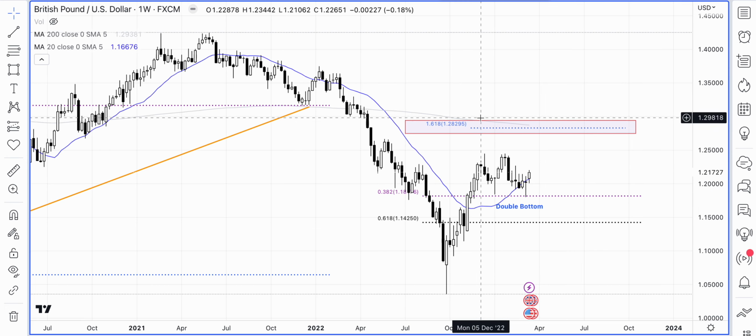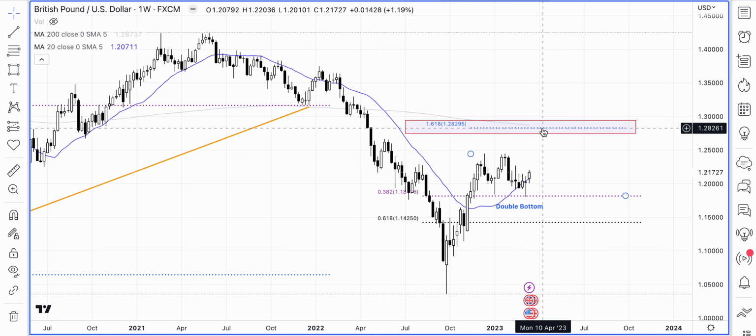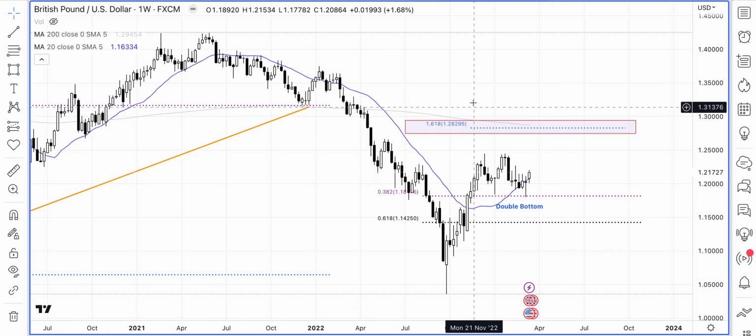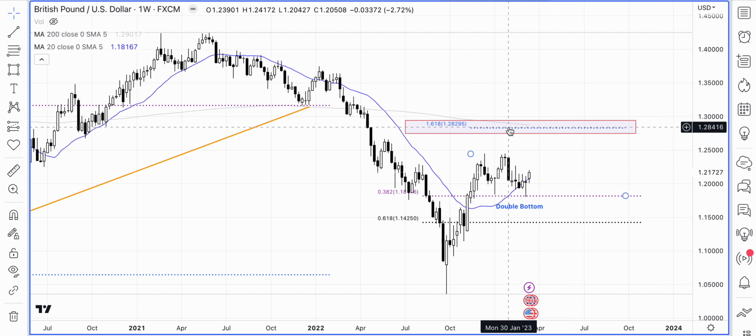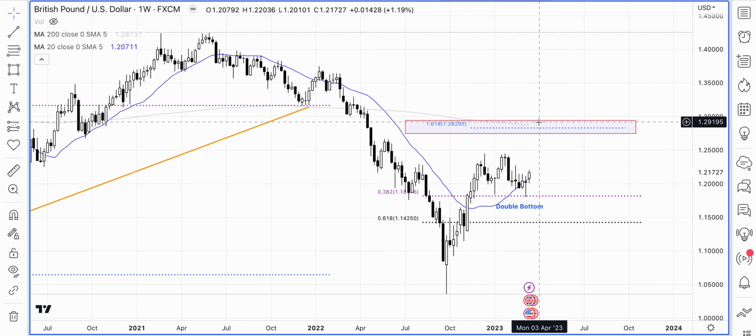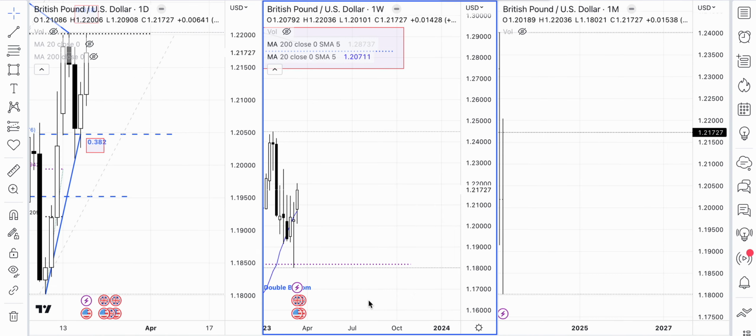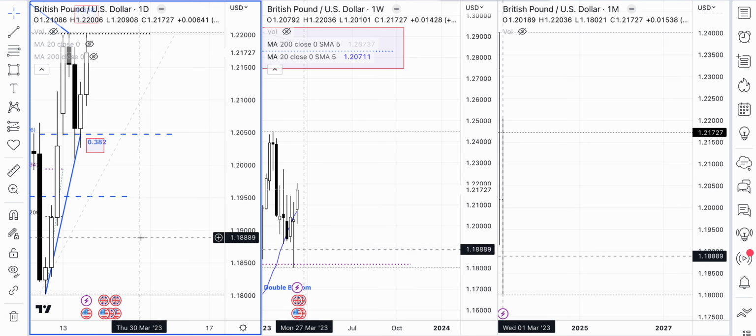And what we have is the 1.618 expansion of this range coming right at the 1.2826 level, where the 200-day weekly average is also hovering around that level. So that is the potential area to watch on the weekly basis, if on the daily basis our upside targets are taken out to the upside.